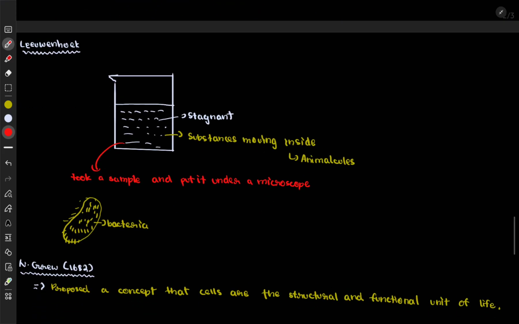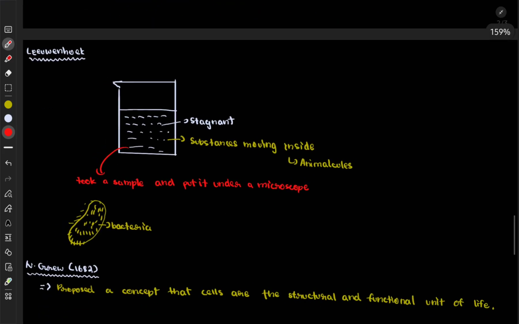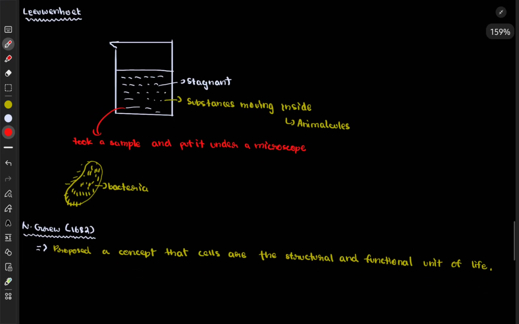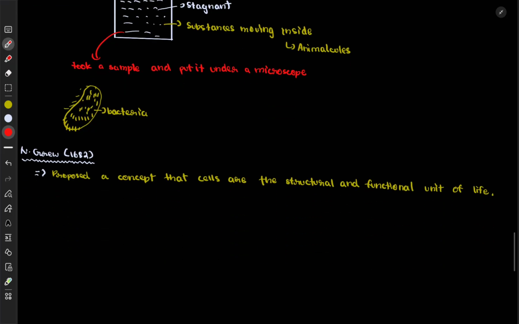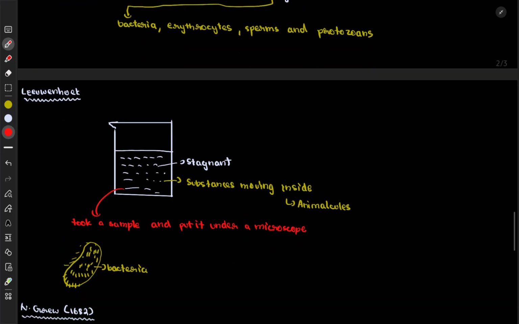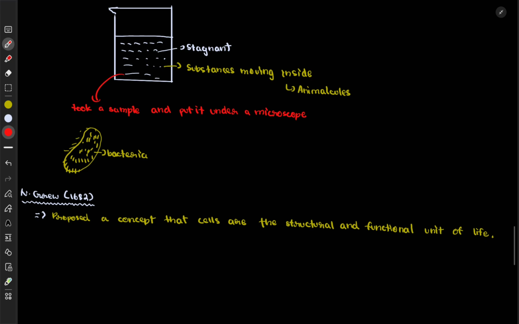Leeuwenhoek performed this experiment, which helped him out in life. So basically Leeuwenhoek successfully made it into our NCERT textbook around 400 years later, I should say. 300's too low.